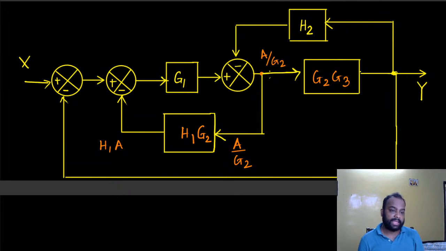Because the entire algebra was based on the fact that I'm not changing the signal. I can manipulate the systems in a way that the signals remain intact. And this is how you also did your circuit theory classes. In circuit theory, if you reduce a circuit, you cannot change the currents and voltages. You can change the elements in a way that the currents and voltages throughout the circuit remain the same.